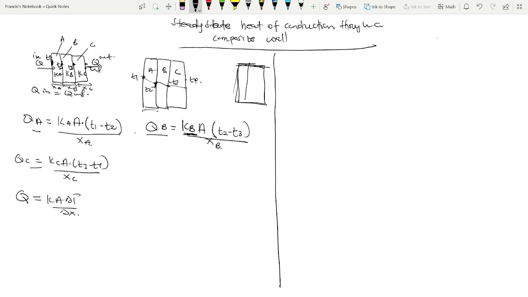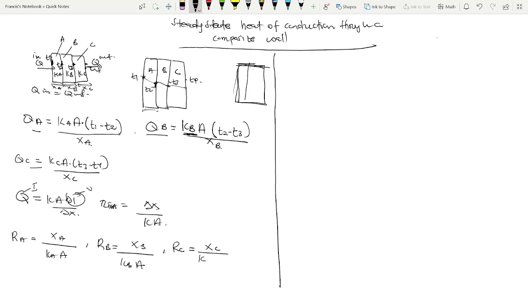And we were able to establish that if this is our current I and this is our voltage V, the rest becomes our resistance R thermal. So for conduction, our R thermal was change in X over KA. So we can establish that here and say that R of A will now be XA over KA times area, R of B will now be XB over KB times area, and then R of C will now be XC over KC times area.